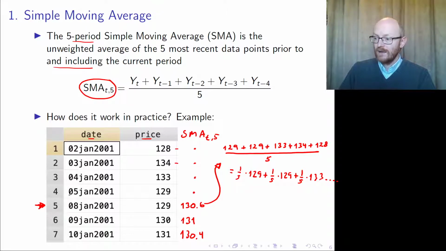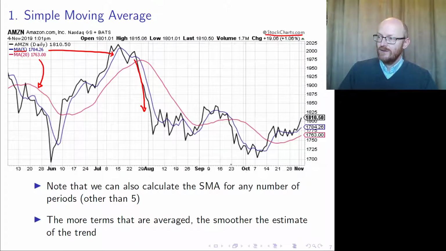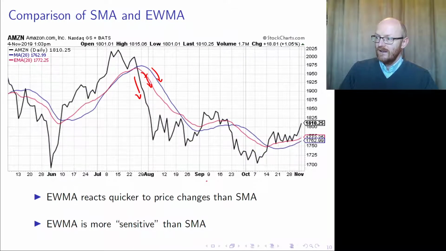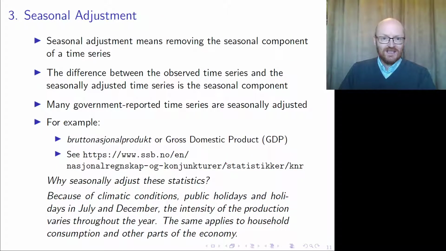So, for example, you are at the 8th of January here, and you want to calculate the simple moving average, and you get the close price from the market, and then you can calculate the simple moving average value here. And we do not use any future information. In the market, that would be cheating, right? And often impossible to know.